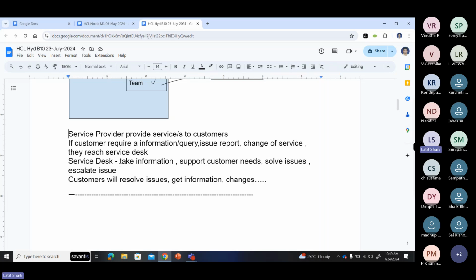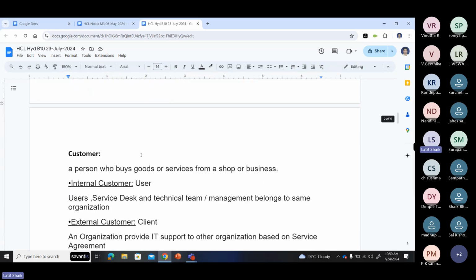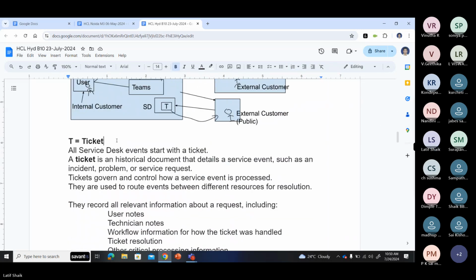Once it comes to the service desk, a ticket will be created. The ticket contains information about the customer name, customer organization, customer location, and the contact information, how to reach the customer, how to contact him back through email, or with the same software tool, or telephone callback.